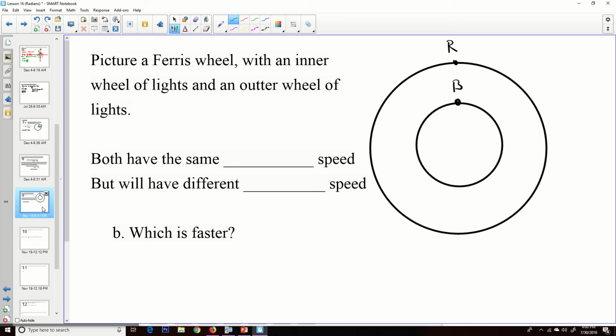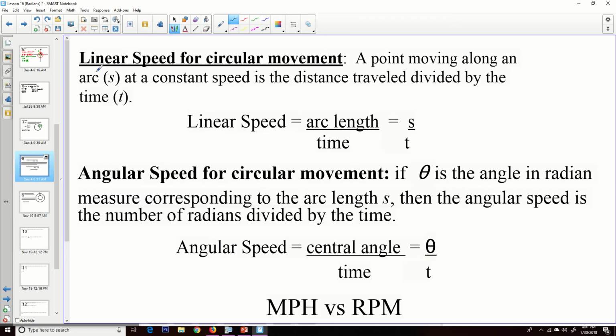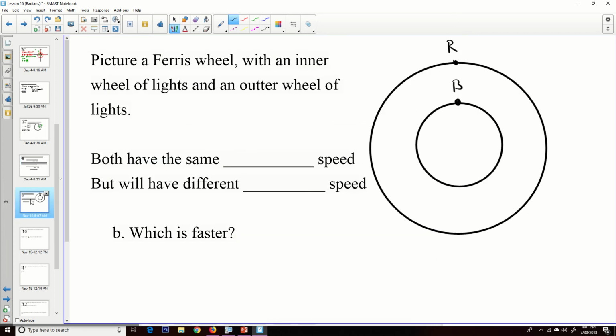As that red and that blue light travel around the circle, they will have either a similar linear or angular speed, but they'll have one that's the same and one that's different.